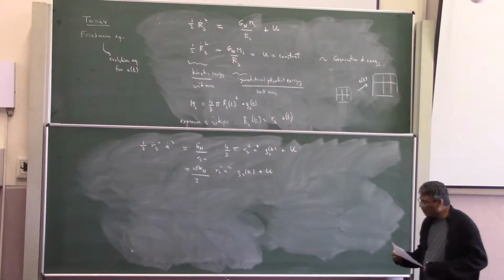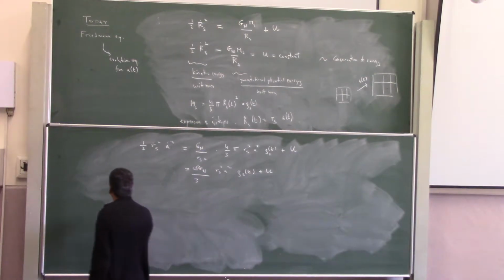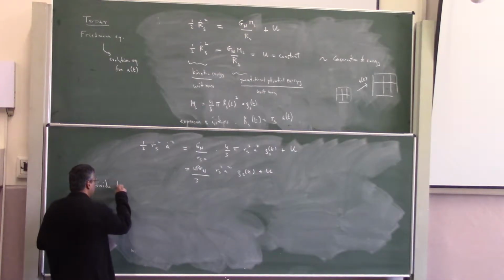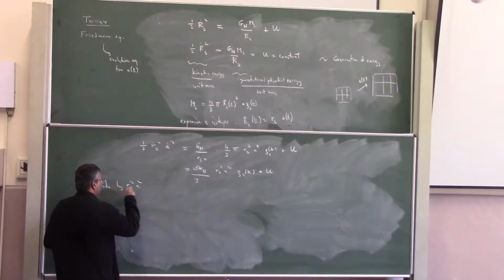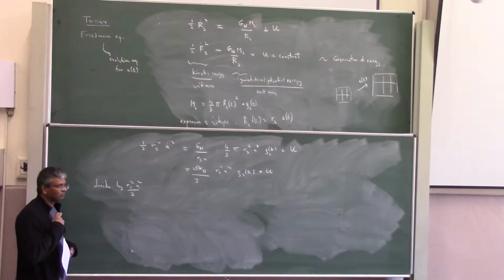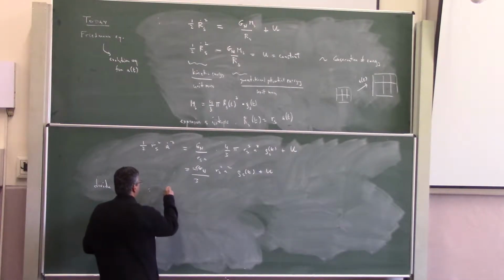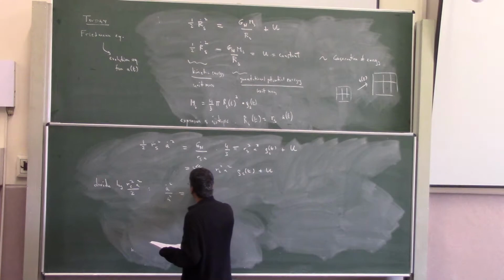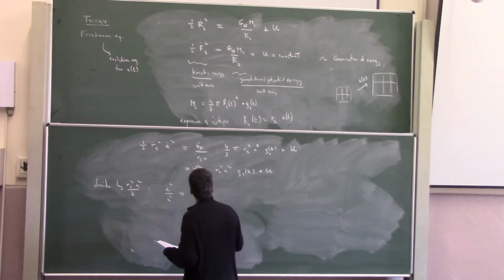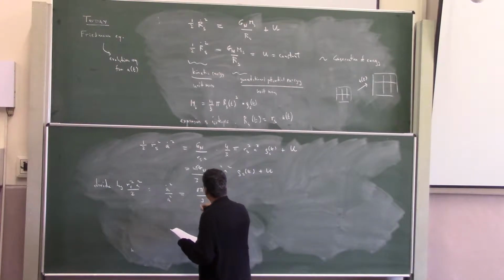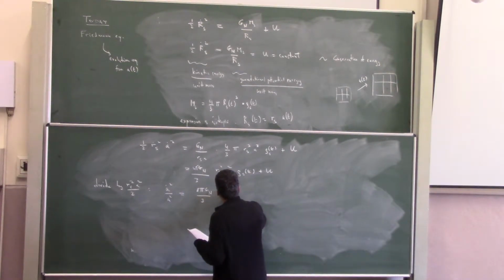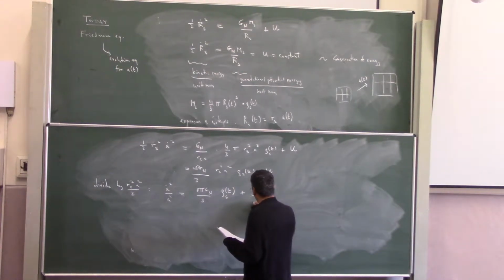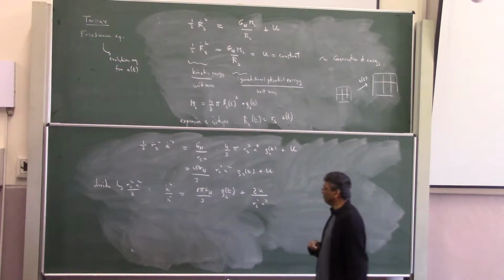Okay, so the next thing we'll do is divide both sides of this equation by Rs squared A squared over 2. When we do this, we have A dot squared over A squared equals 8 pi G Newton over 3 rho of t plus 2u over Rs squared A squared.